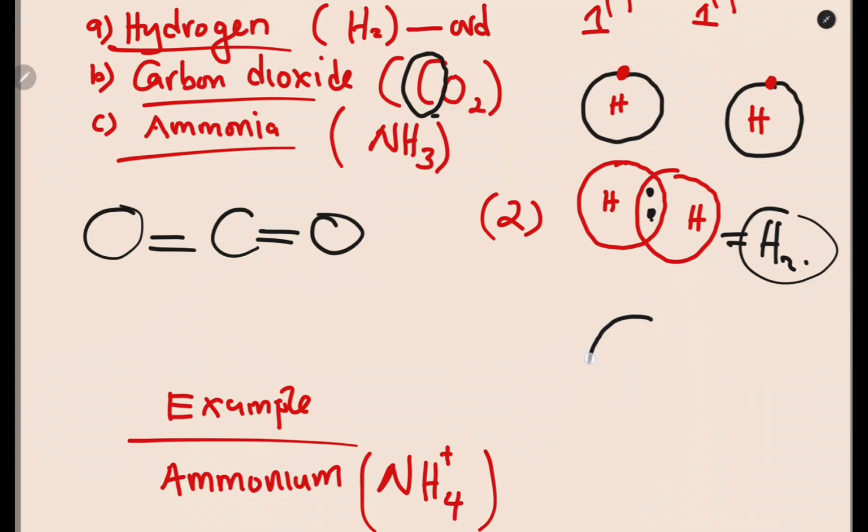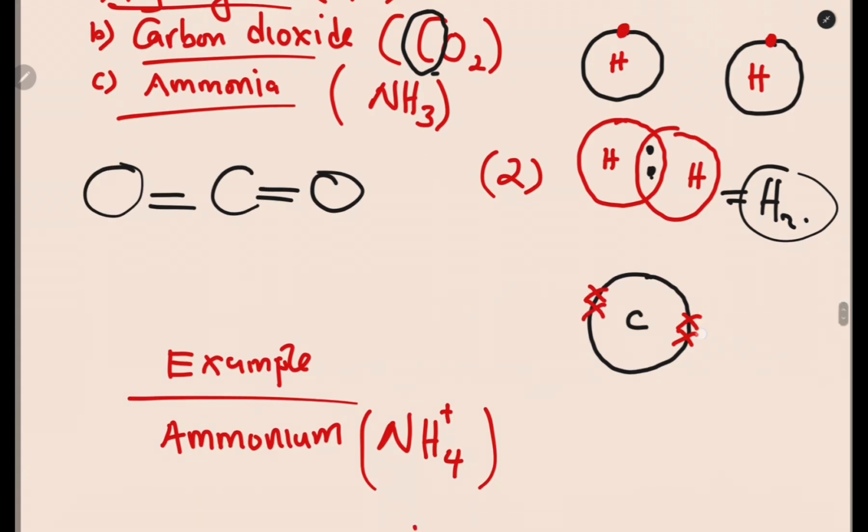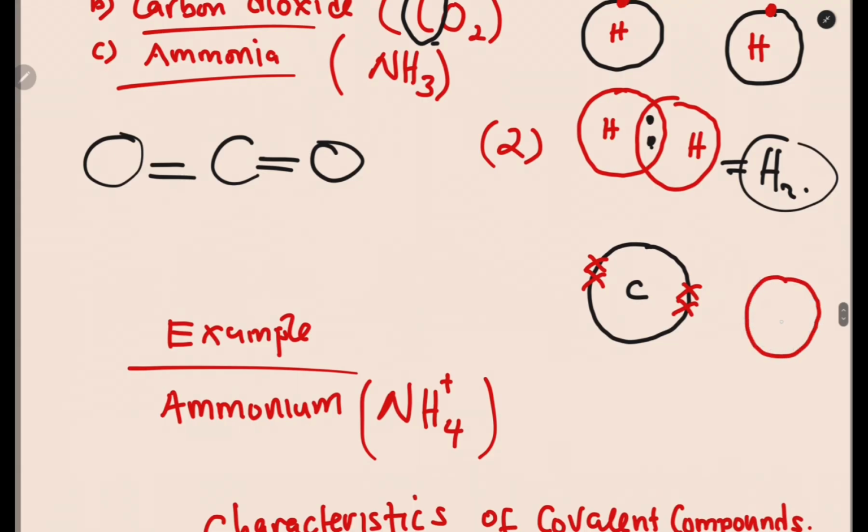But in terms of the structure, how can we put carbon dioxide? Since we are showing just the outside shell, carbon has 4 electrons. Then if we draw the oxygen this side, how many electrons does it have in the outside shell? It has 6. The other oxygen also has 6.